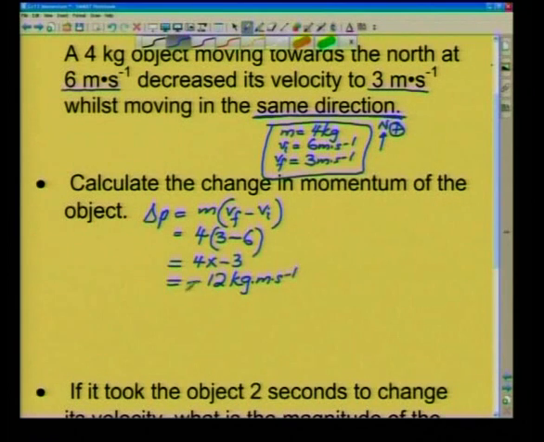Now, what does this minus tell us about momentum here? It is telling us that momentum is acting in the opposite direction of motion. So we'll say that the change in momentum is 12 kilograms meters per second towards south. Or you could just say 12 kilograms meters per second south.